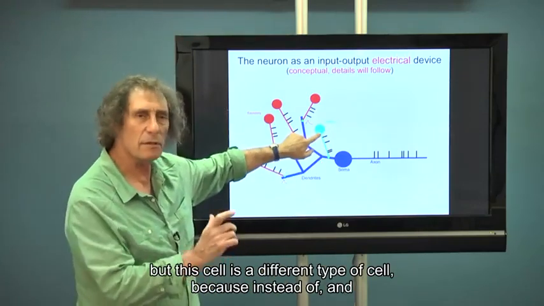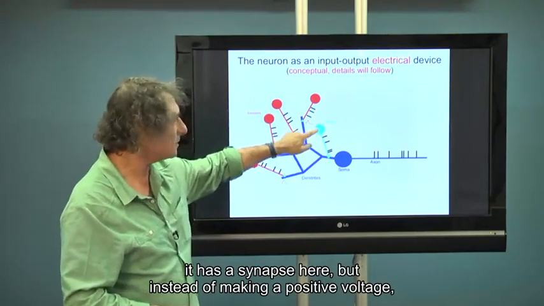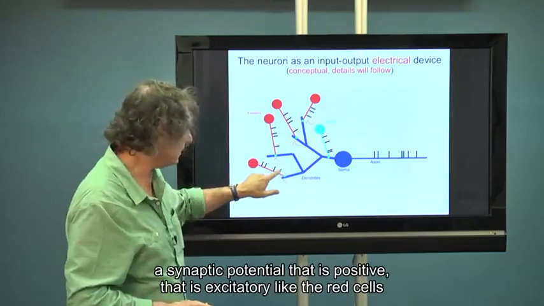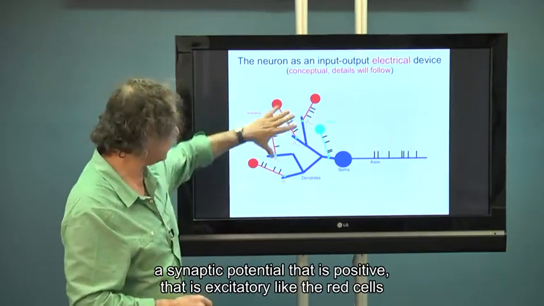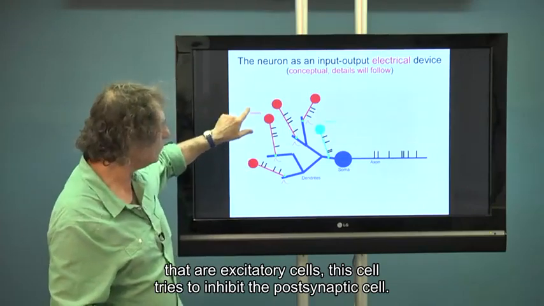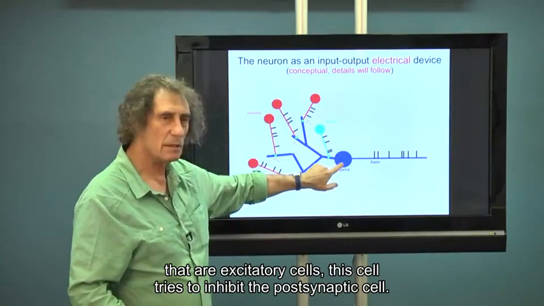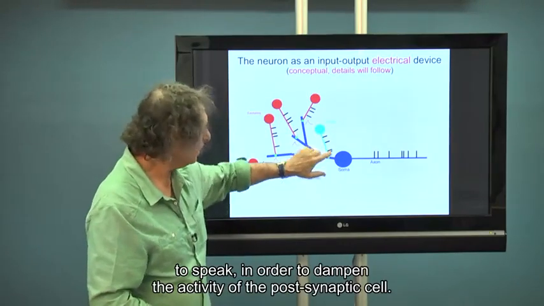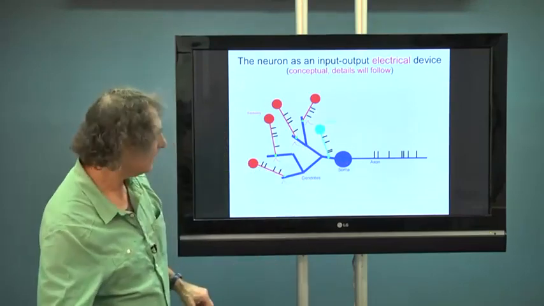But this cell is a different type of cell because it has a synapse here, but instead of making a synaptic potential that is positive, that is excitatory, like the red cells that are excitatory cells, this cell tries to inhibit the postsynaptic cell. It generates a negative current, so to speak, in order to dampen the activity of the postsynaptic cell.